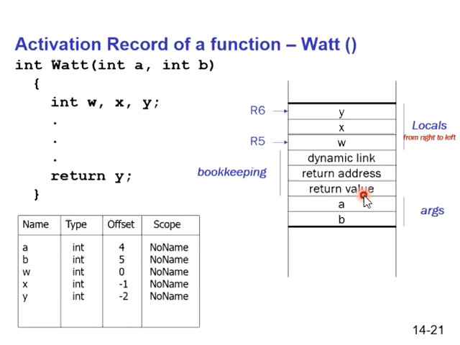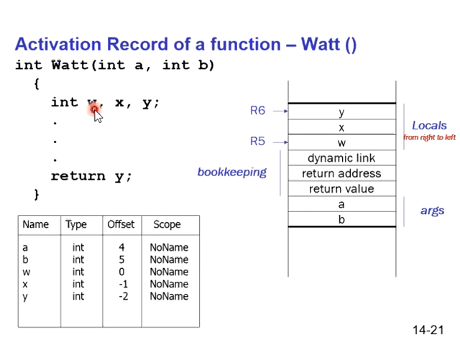Now let's check the activation record of a function, for example, what. The function what has an integer return value, we can pass arguments, and we declare three local variables.